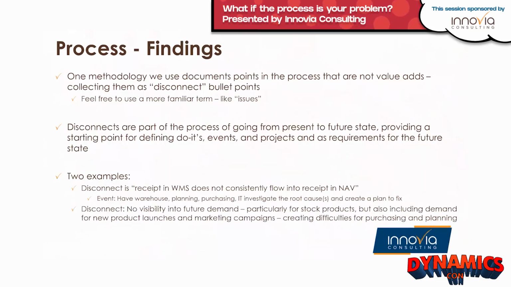Another one, again from the same map, is there was no visibility in future demand, particularly for stock products. This was for purchasing, but also new product launches, marketing campaigns, etc. It really created difficulty, as you might guess, for purchasing and planning. So that's an issue. This became a project and part of the future state map: scope and implement a demand management forecasting system.